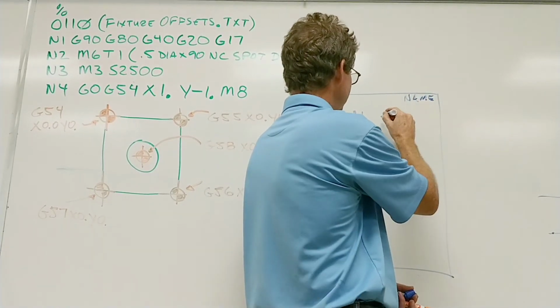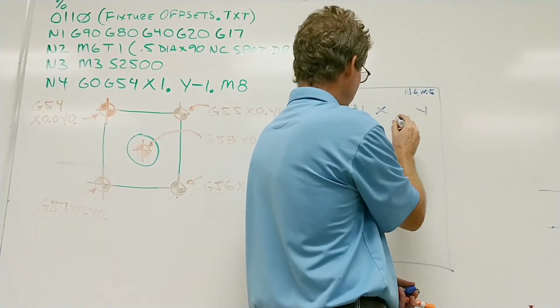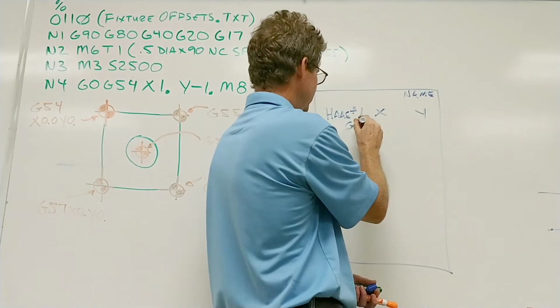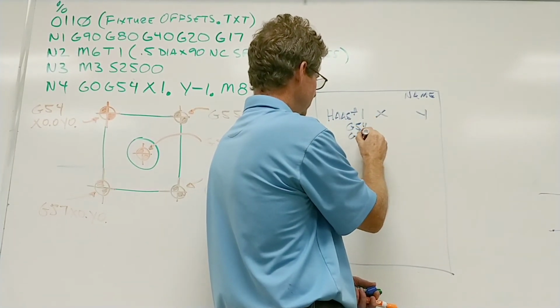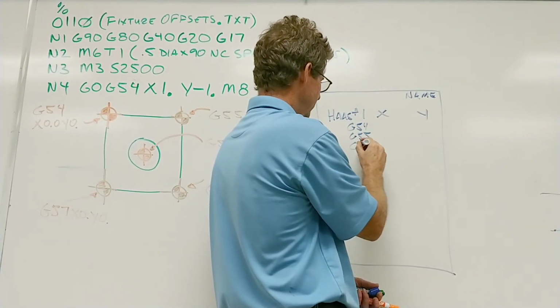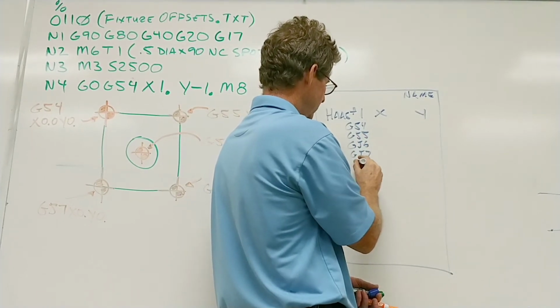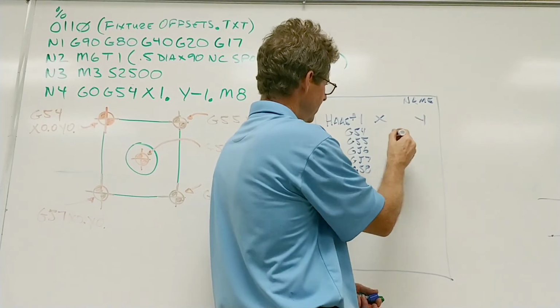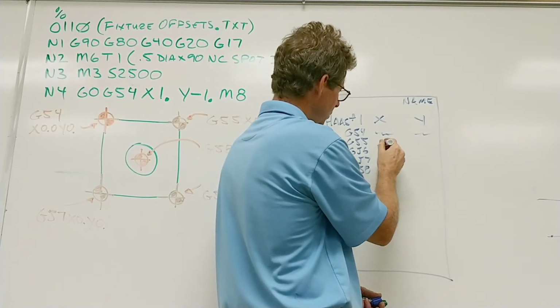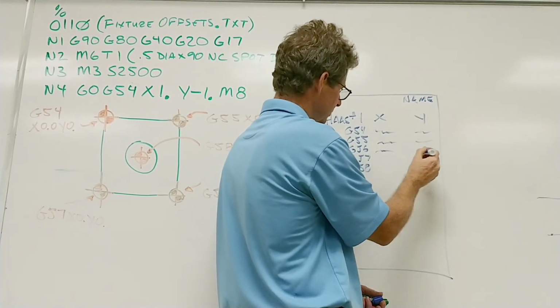Put your name. So Haas number 1, X, Y coordinates, you're going to have G54, G55, G56, G57, G58. You're going to indicate the corners and record the positions.